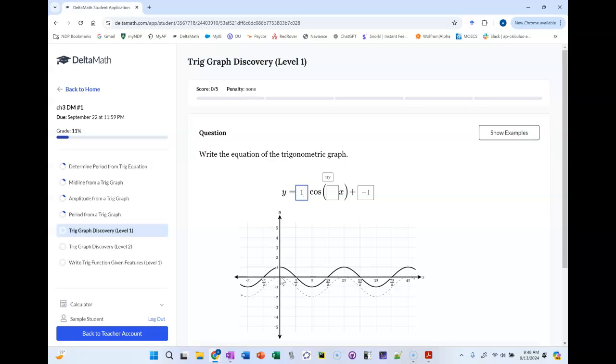And then if I look at the period, I'll start here maybe at x equals 0 at a maximum. I go here to 2 pi, which is my next maximum. If I solve for c, 2 pi is equal to 2 pi times c. What does c got to be? Right? And again, that could be positive or negative.